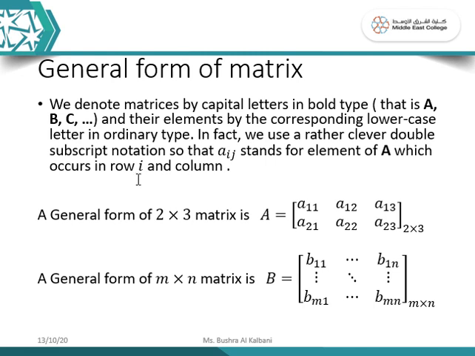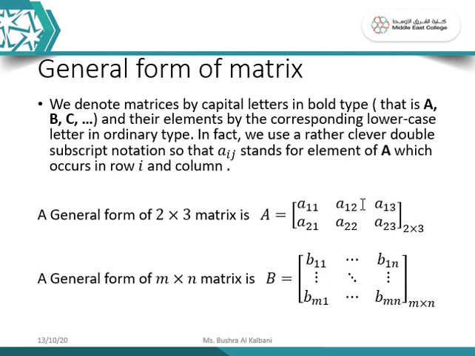In general form you can write the matrix like this, where a is the element. Here a11 is in the first row and first column. a12 is in the first row, second column. a13 is in the first row, third column.